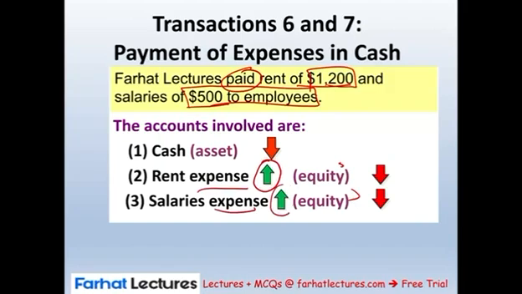Expenses always go up. Okay? Now, the expense account goes up. How do expenses influence equity? That's a different question. It brings equity down. So the expense account goes up, but it's going to bring equity down. This is how expenses and equity are related to each other.